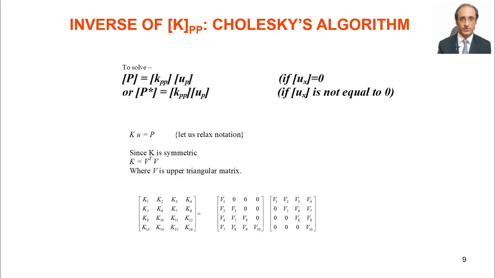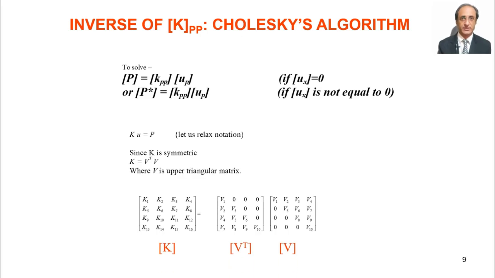So if K were symmetric, then we can always break it down. It can be mathematically proved. We are not going into the proof. We are not going into the proof of the Cholesky's algorithm also. We'll just use it as a tool. Now once we have done this, then we can very easily find the inverse without actually doing the operations of the inverse. So we'll find solution without actually doing the inverse.